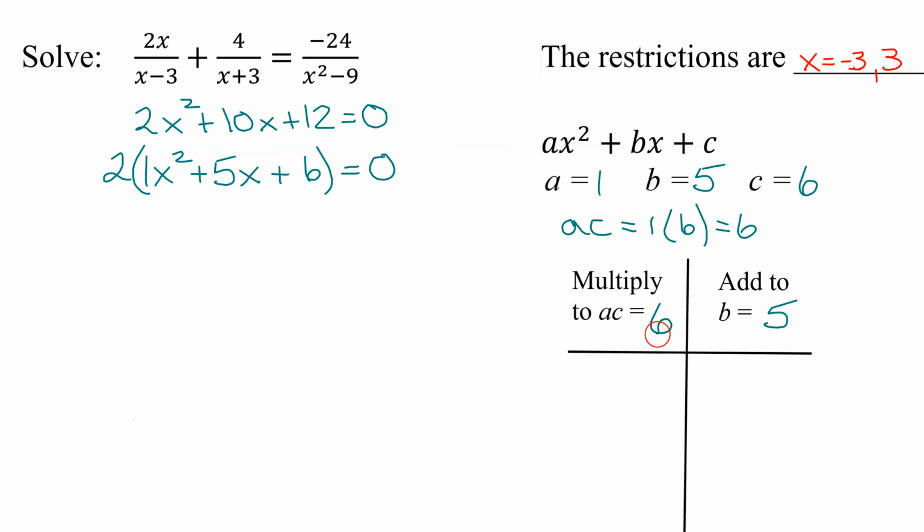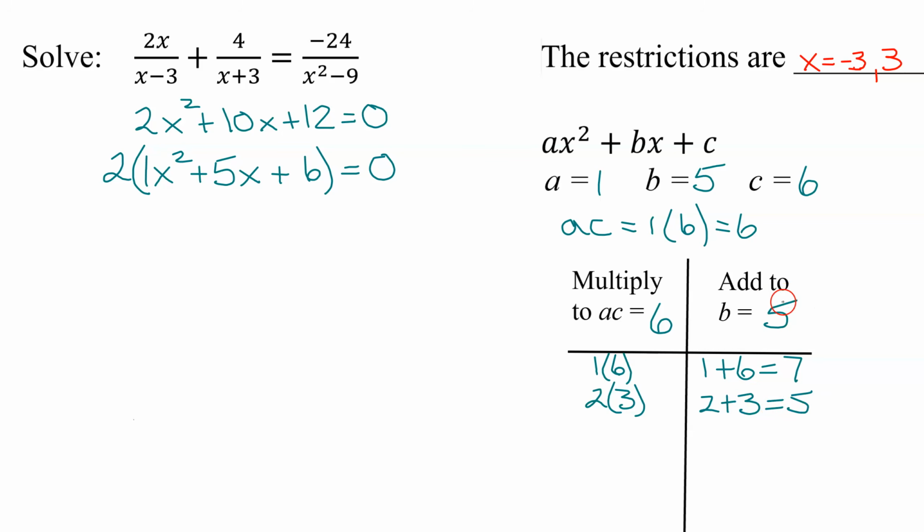As they multiply to a positive, my numbers have the same sign, and they add to a positive, so both signs have to be positive. So I start with 1 and 6. 1 times 6 is 6, but 1 plus 6 equals 7. Didn't work. 2 divides into 6 3 times, so 2 times 3 is 6, and 2 plus 3 equals 5.